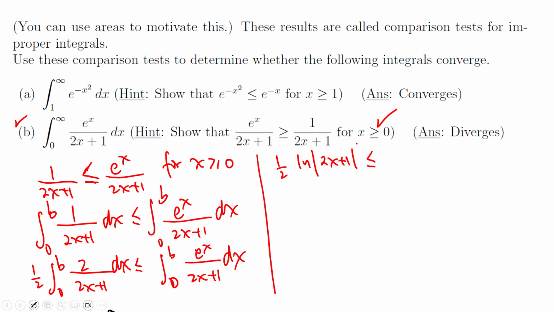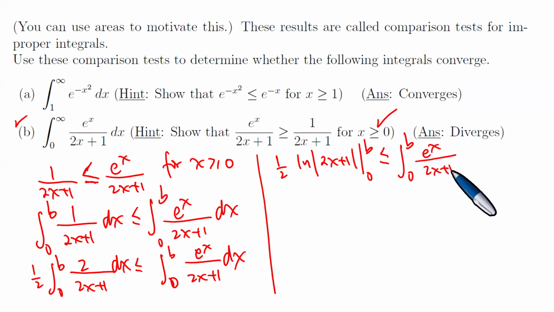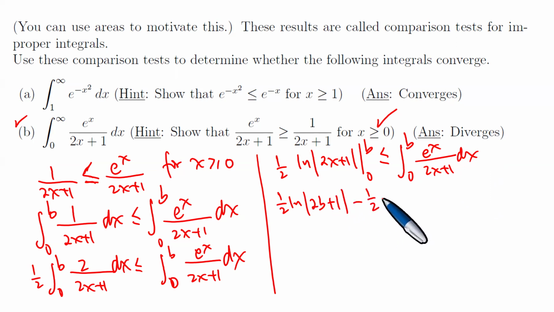Okay, and then obviously if you integrate this now, and then it's going to be the ln of 2b plus 1, minus half the ln, then you substitute 0, 0 plus 1.